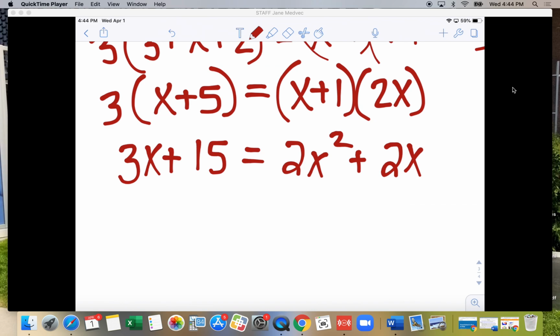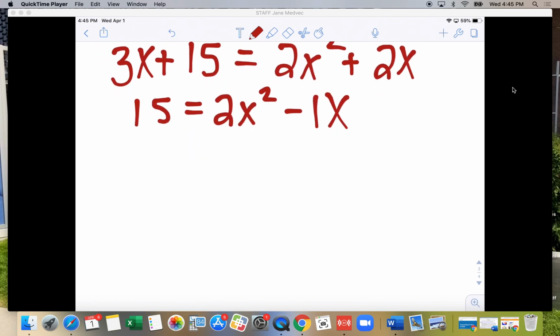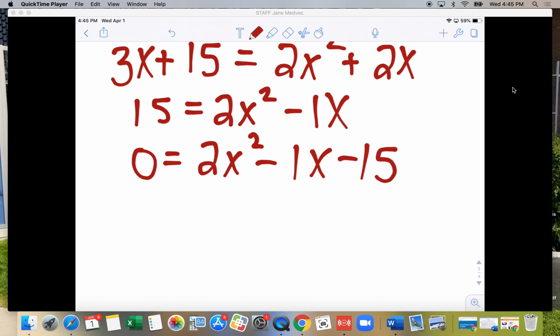Now I'm going to get it into standard form. So I'm going to subtract 3x from each side. So I've got 15 equals 2x squared, subtract my 3x, and I get a minus 1x. Now I'm going to subtract 15 from each side, so I get 0 equals 2x squared minus 1x minus 15.